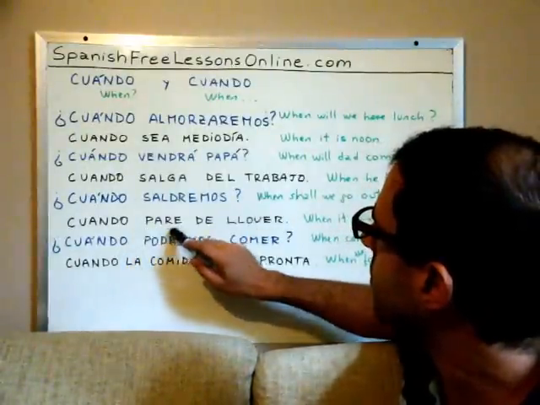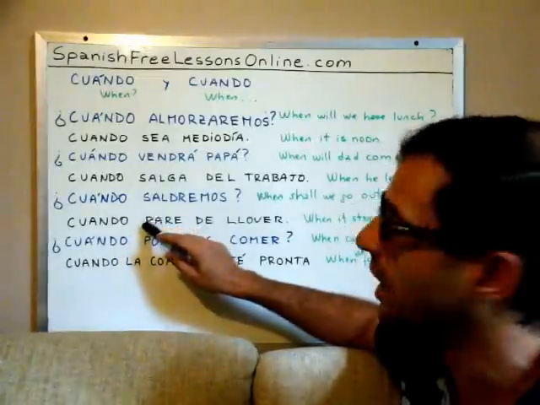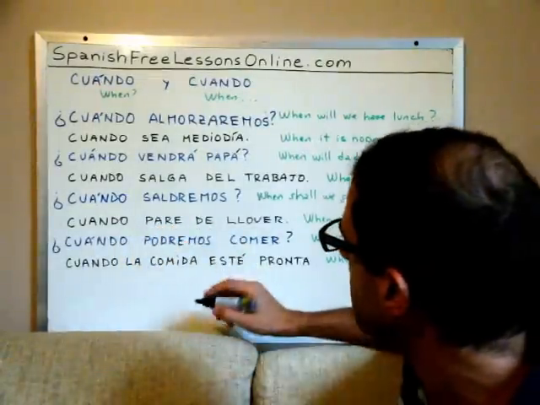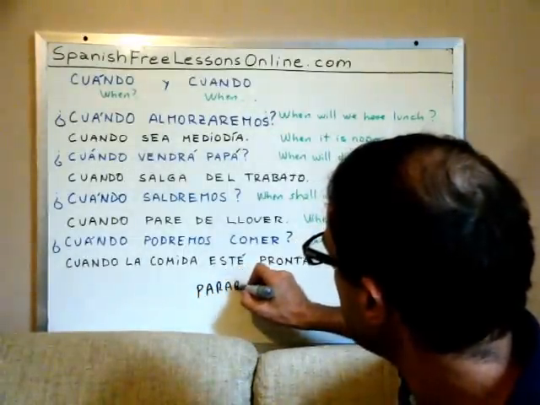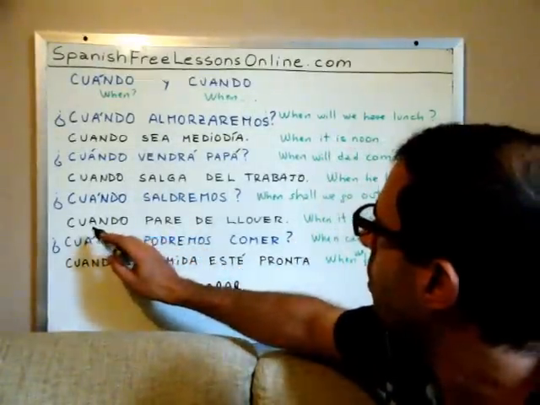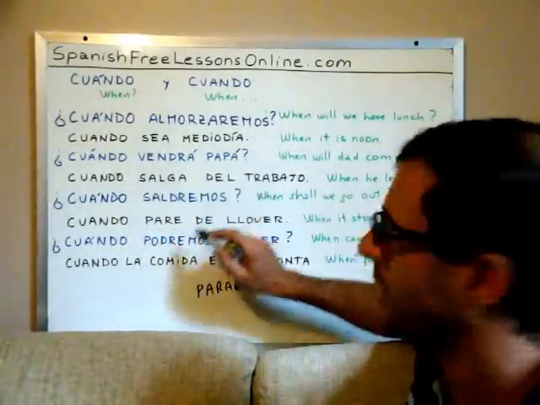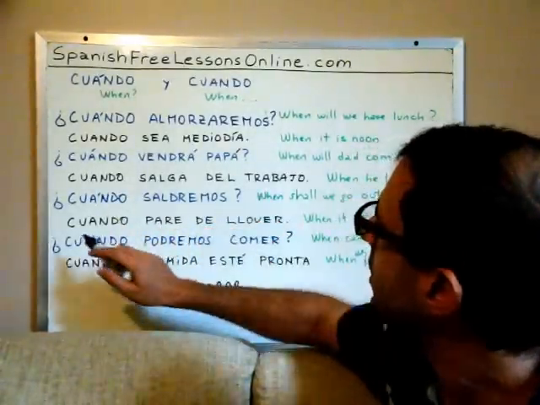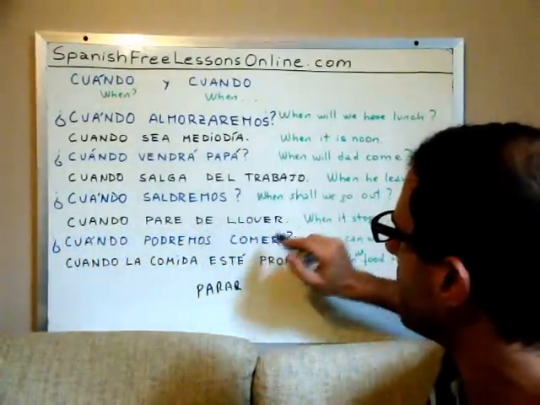Actually this means to stop. This is already conjugated, right? The verb in infinitive would be parar. So when it stops raining. Cuando pare de llover.